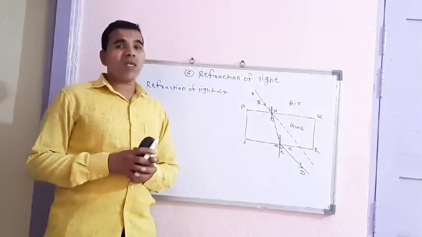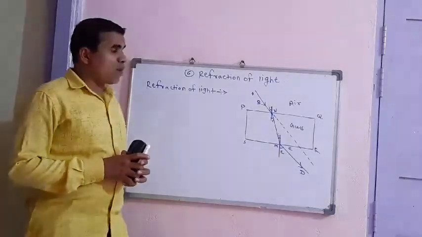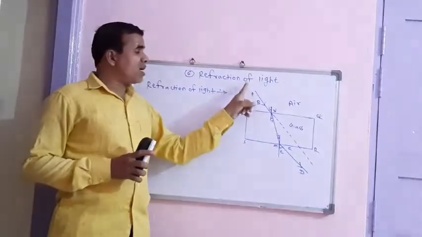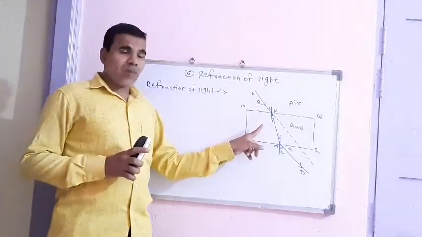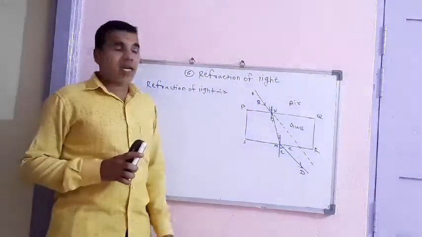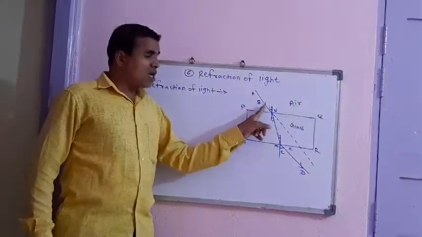In refraction of light, the light rays transfer from air to glass and glass to air. When the incident ray enters into the glass from the air, it is said to be an incident ray. Ray AB is an incident ray.